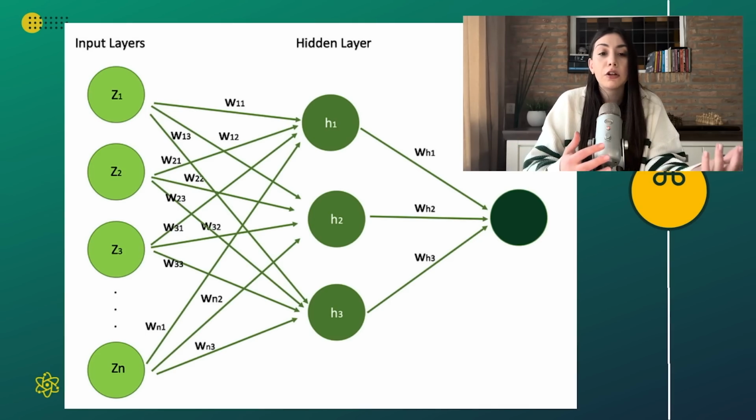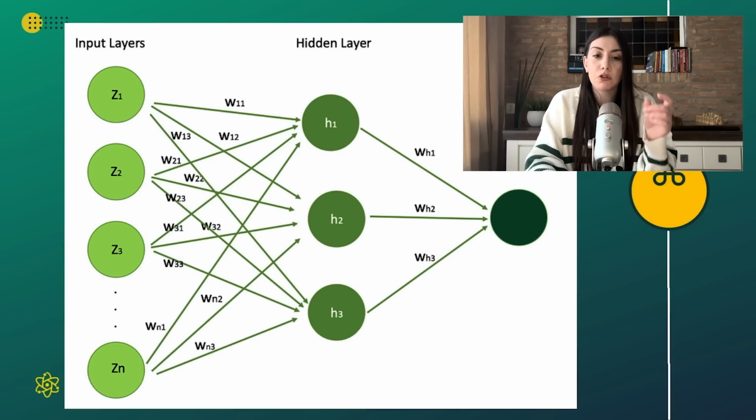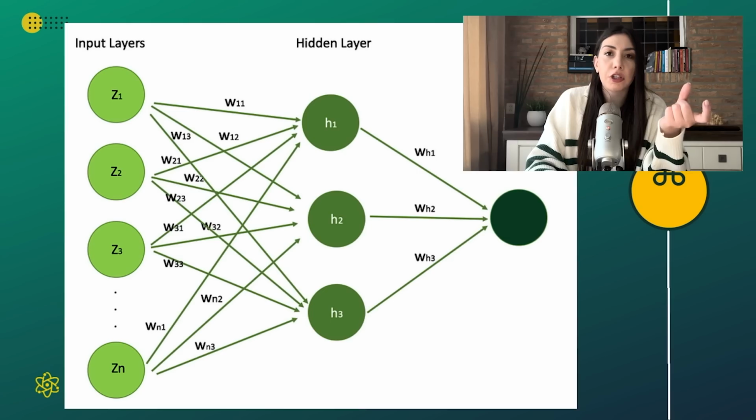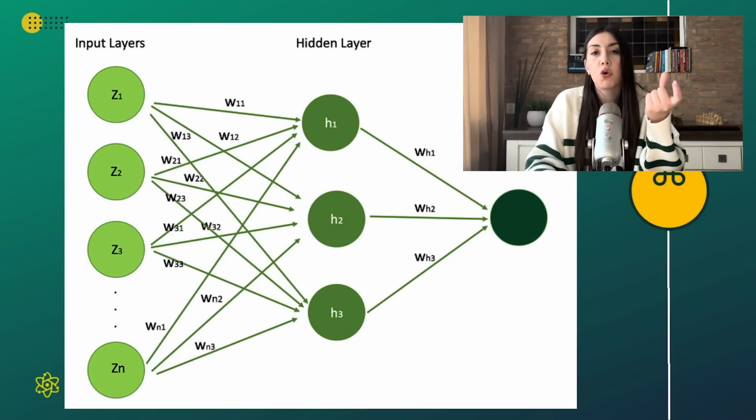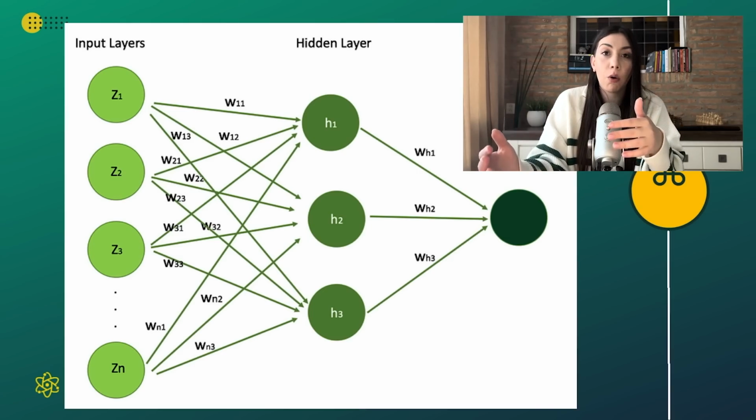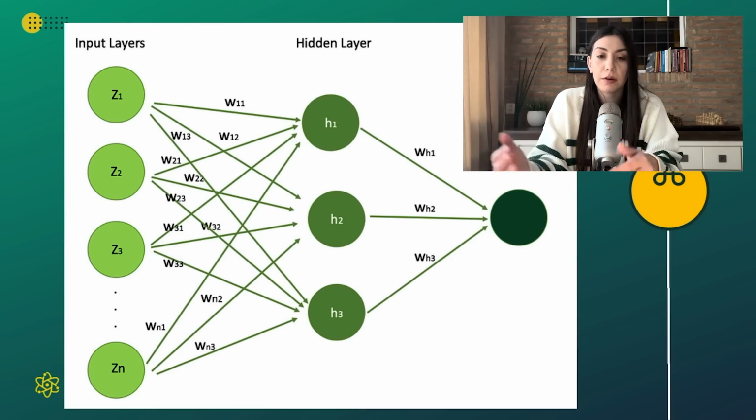We can aggregate these different z-scores computed based on different weights and input signals, and the activation function can significantly change the way we calculate our activations in H1. That's exactly what the activation functions do.